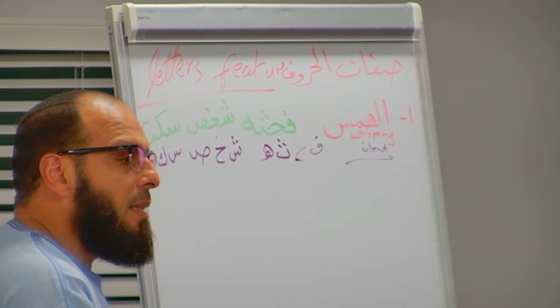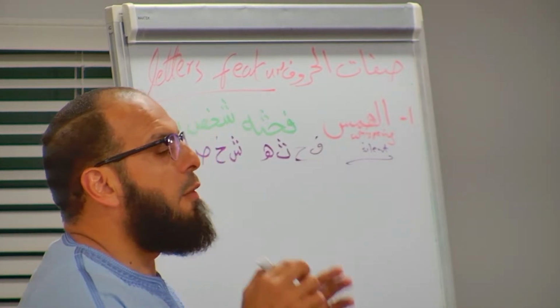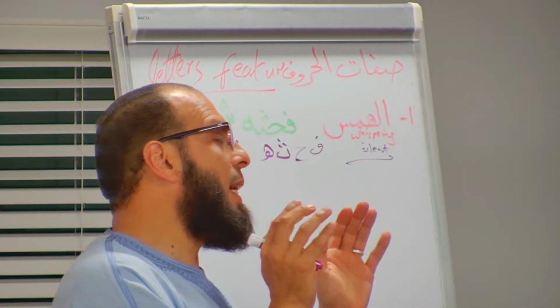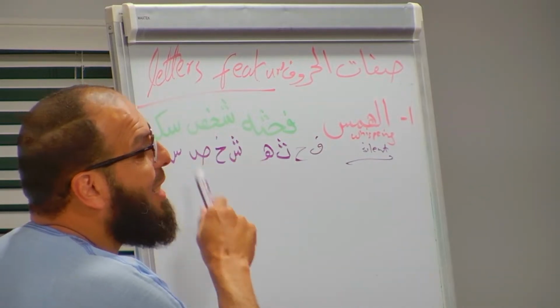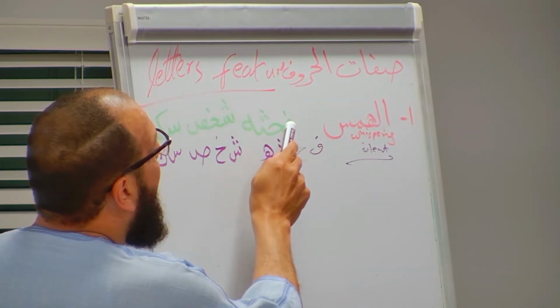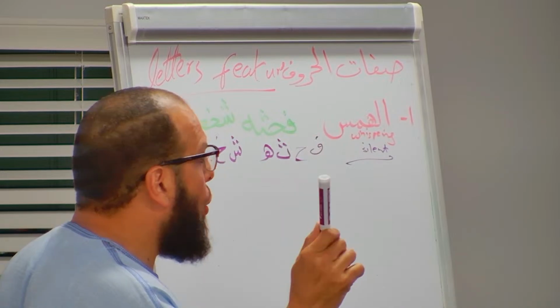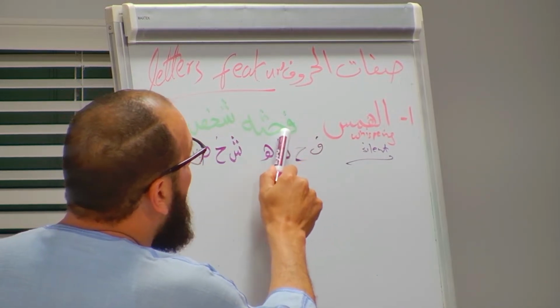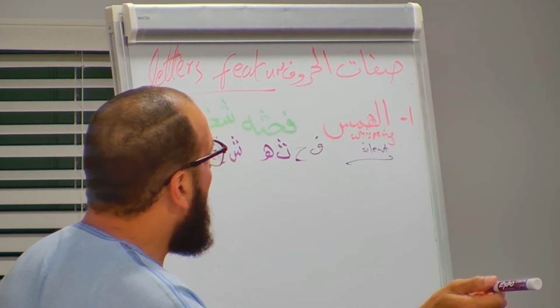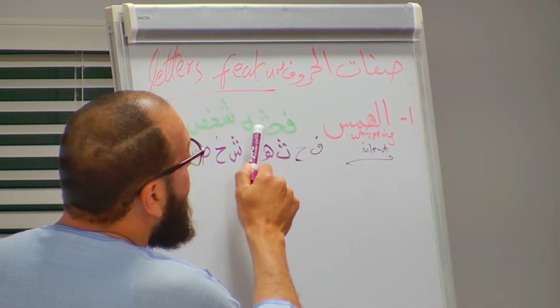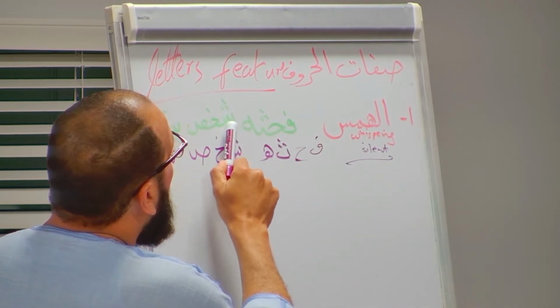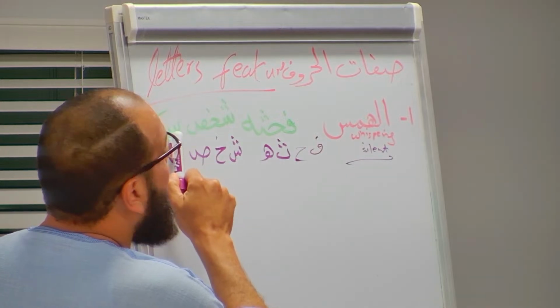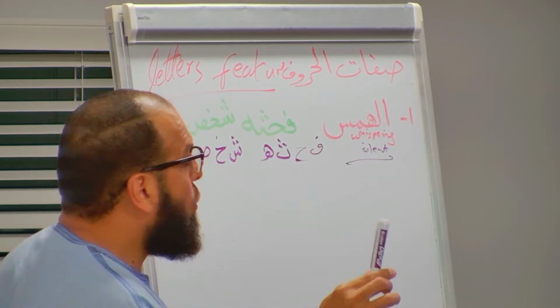So what is the sentence to get that together? فَحَثَّهُ شَخْصٌ سَكَتْ. Let's say it word by word because that needs to be memorized. فَحَثَّهُ. Everybody. فَحَثَّهُ. شَخْصٌ سَكَتْ.